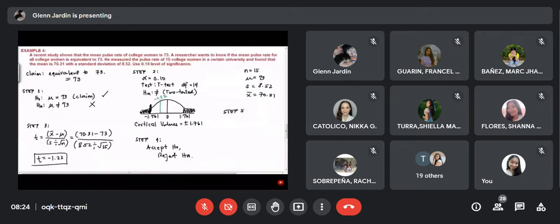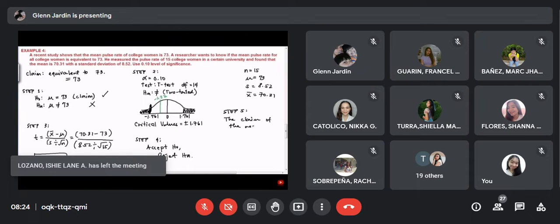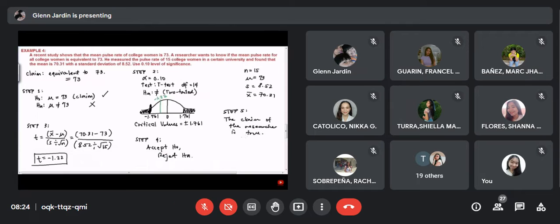So, sa step 5 would be the conclusion. Pwede nating sabihin that ang gusto niya kasing malaman if the mean pulse rate for all college women is equivalent to 73. At na-check na to. So, ibig sabihin, pwede nating sabihin, the claim of the researcher is true.